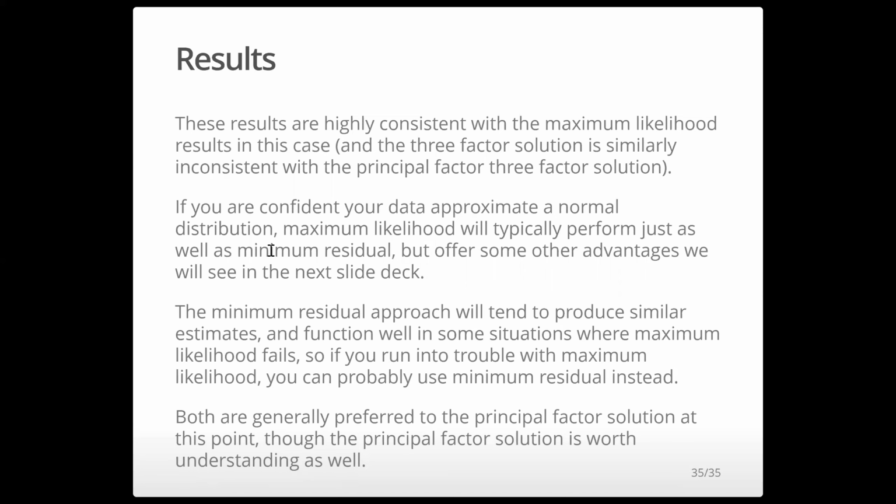It's more likely to give you stable estimates in cases where you have unusual data, and you could use the minimum residual there instead. In cases where the data is normally distributed, it's going to perform very similarly to maximum likelihood. The difference is that it has some disadvantages in terms of what we're going to look at next, when we start thinking about test statistics and things like that.